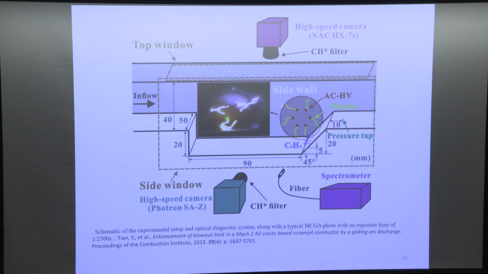They create this kind of gliding arc, and along this wall they can stabilize the combustion. So you can see both nanosecond discharge and gliding arcs being pursued in scramjet engines to try to enhance ignition when the flight Mach number is lower.